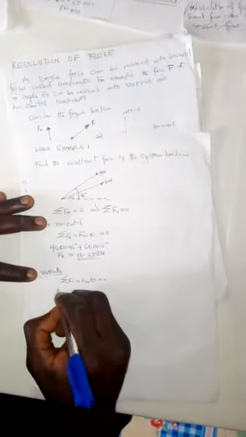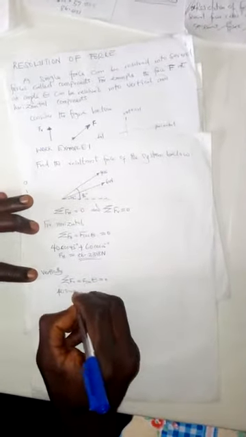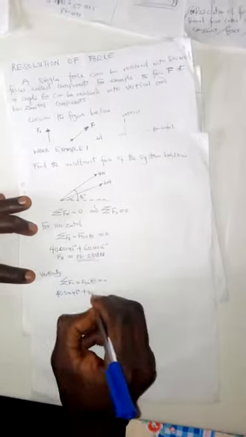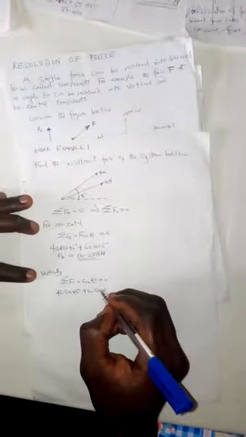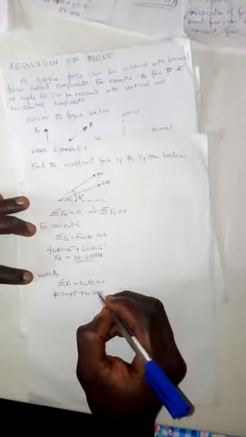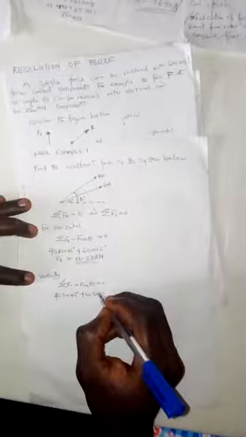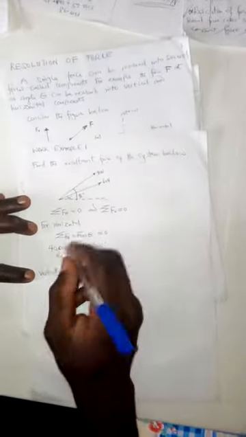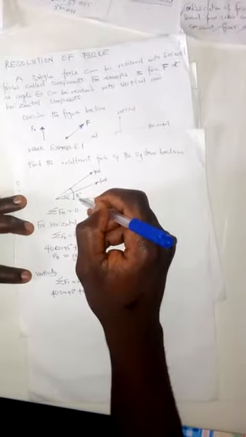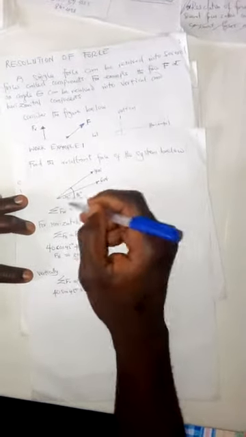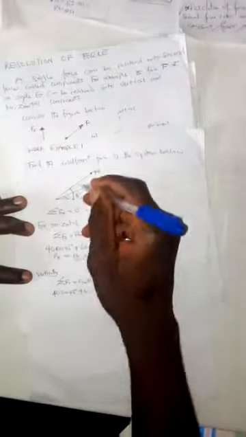And the force here in this case is going to be 40 sine 45 degrees plus 60 sine 15. Oh, mistake here. Okay, we are right here.